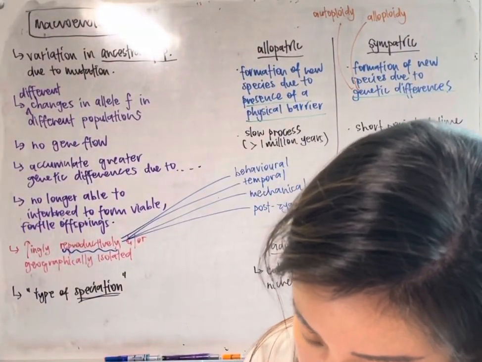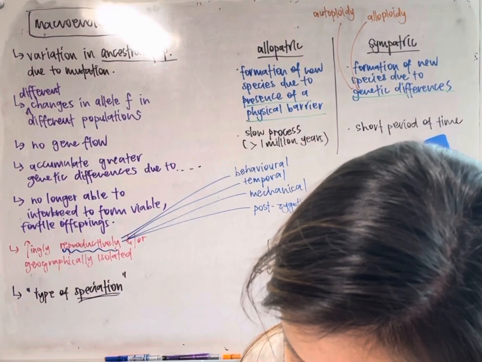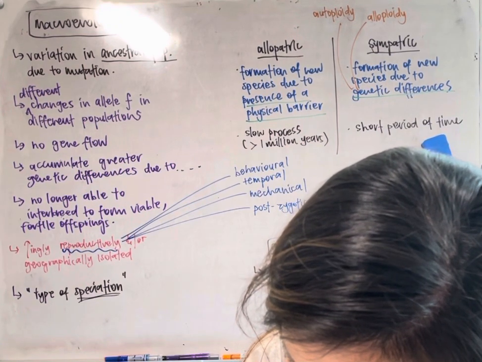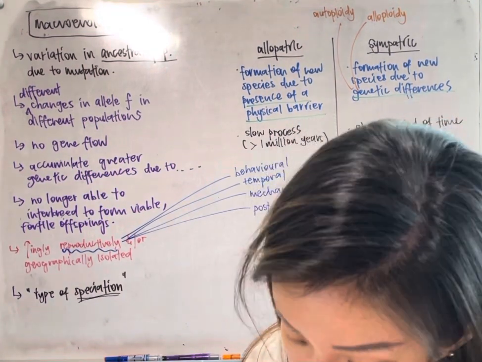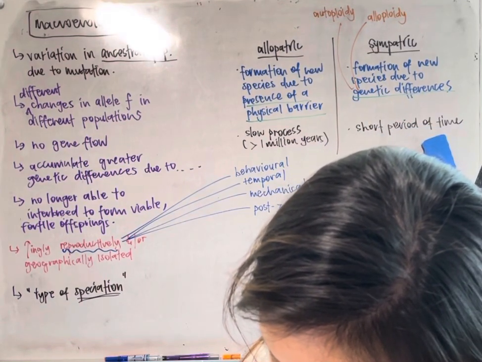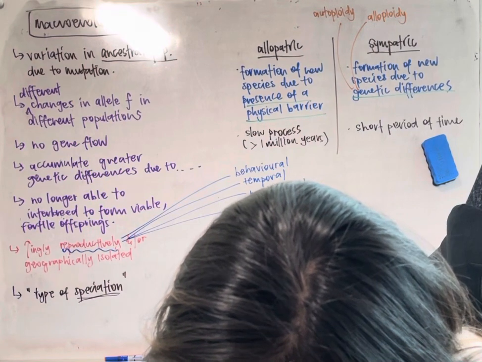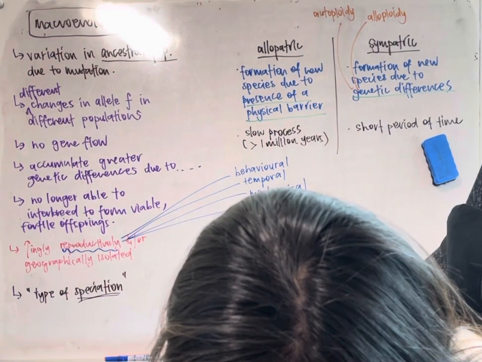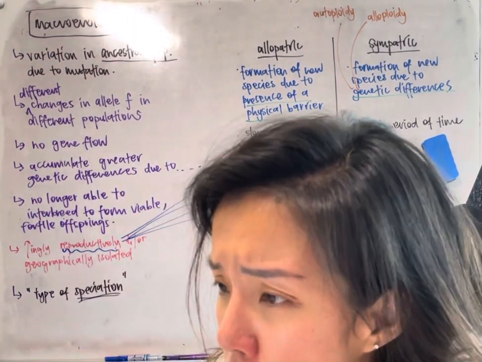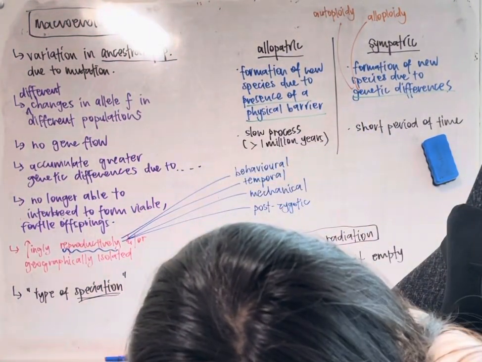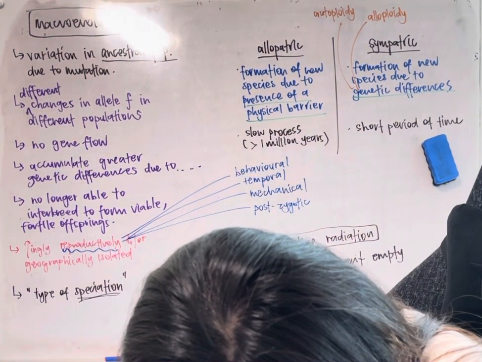Geographical, allopatric. So variation in ancestral population due to spontaneous mutation. Fine. And then human migration and presence of steep mountains. What are you writing? Very messy.